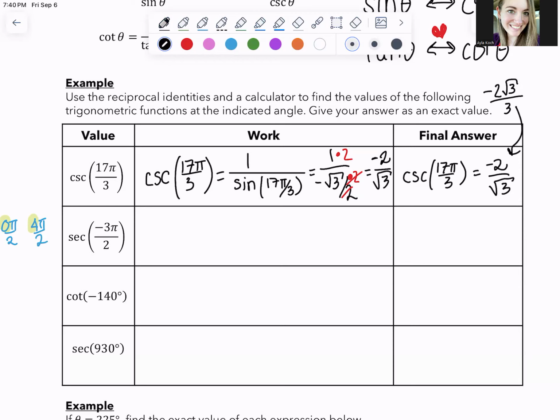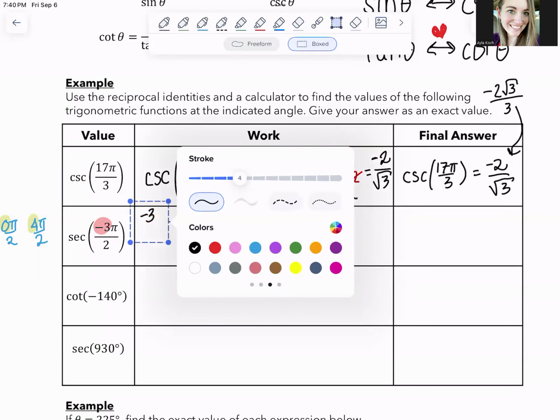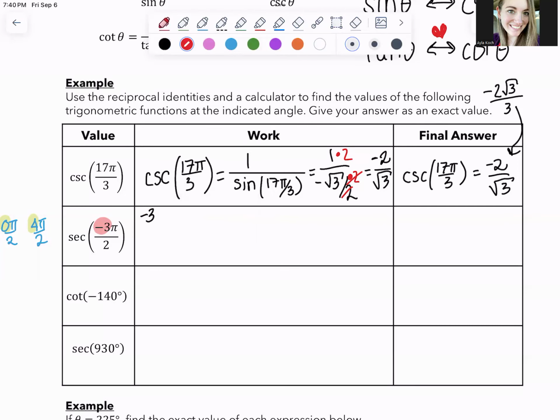So the numerator starts out as -3. I need it to be bigger, so I'm going to add 4. That's the same thing as 4 pi over 2. And that gives me 1. 1 is between 0 and 4.